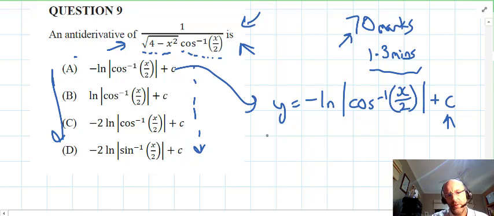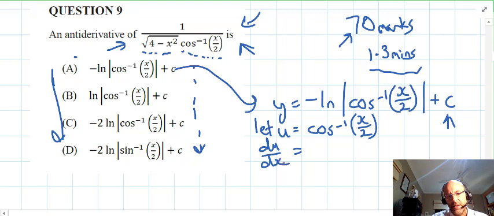Let's introduce the variable u. Let u equal the inner function there, arccos of x over 2. From our formula sheet, we can fairly easily calculate du/dx.